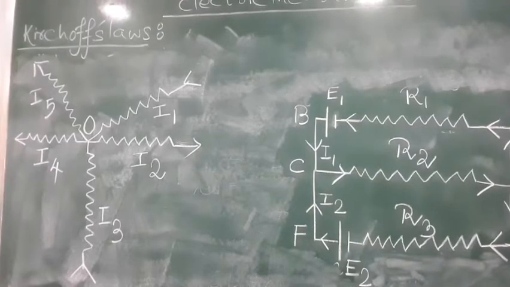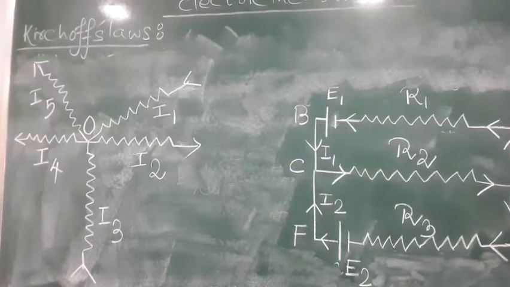So according to the sign convention, I2, I4 and I5 are taken as negative, and I1 and I3 will be taken as positive because they are entering the circuit, that is, they are meeting at the junction O. So according to Kirchoff's first law, I1 plus I3 minus I2 minus I4 minus I5 equal to 0, or I1 plus I3 equal to I2 plus I4 plus I5.